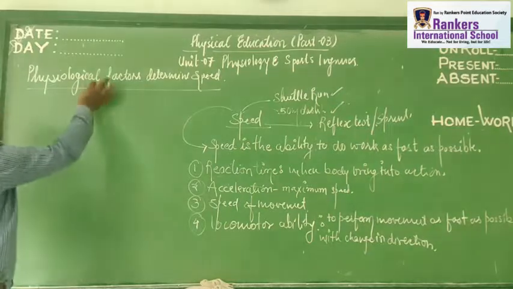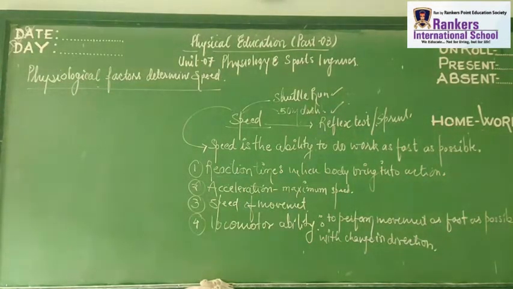Before we learn what the physiological factors that determine speed are, it is very important to know about speed. What exactly is speed? What does it tell us? How to measure it? Why to measure it? What are its components?